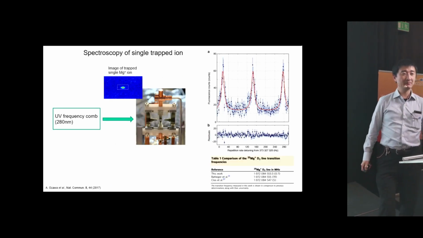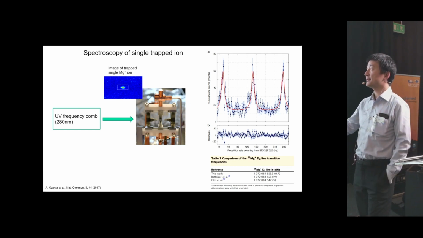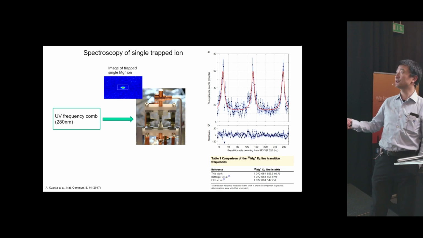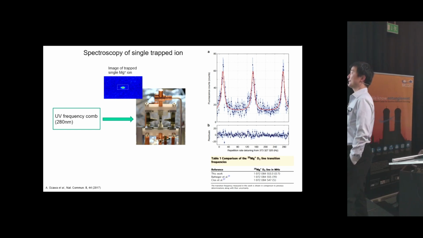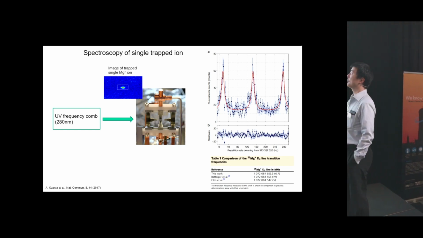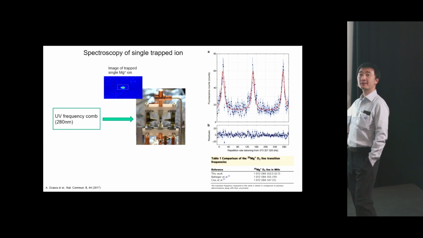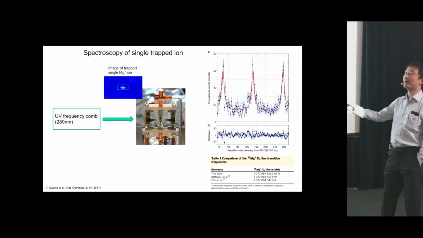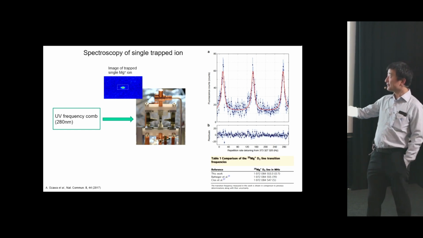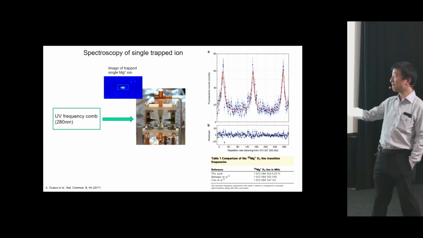Another interesting application of optical frequency combs is to use the frequency comb itself as an excitation source for precision spectroscopy. In this demonstration, we have an ion trap, and inside of this radio frequency Paul trap, we can trap the spectroscopy target. In this case, it's a single magnesium plus ion. This is the fluorescence image of the trapped magnesium ion.